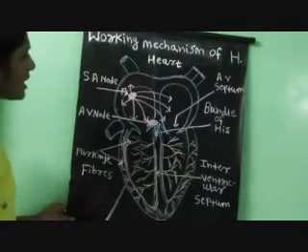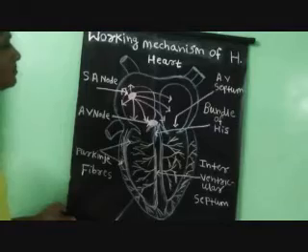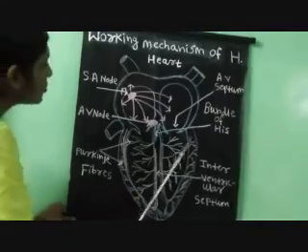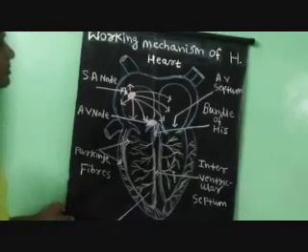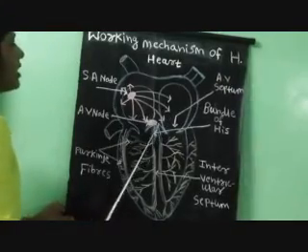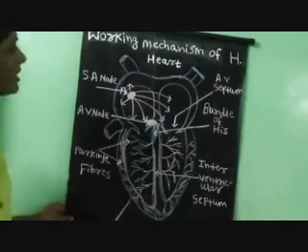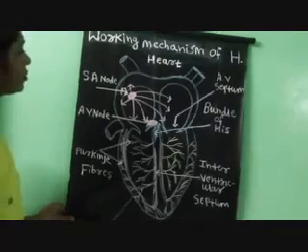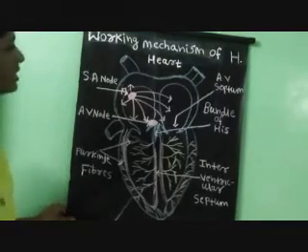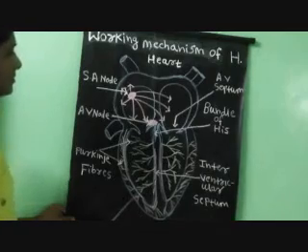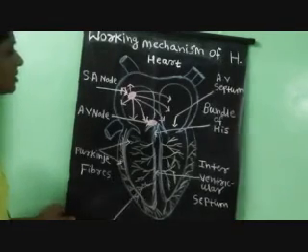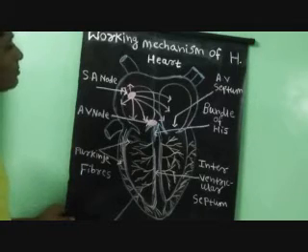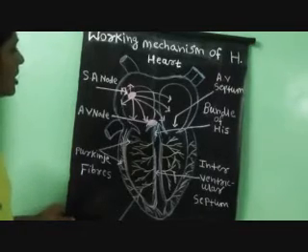After systole and diastole of ventricle, for 0.4 second, all four chambers, that means two auricles and two ventricles, remain in diastolic condition, and this condition is known as joint diastole of all four chambers, or complete diastole of heart.